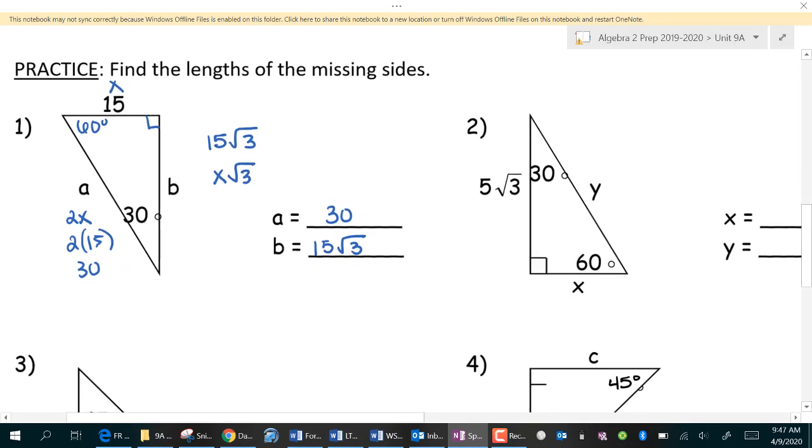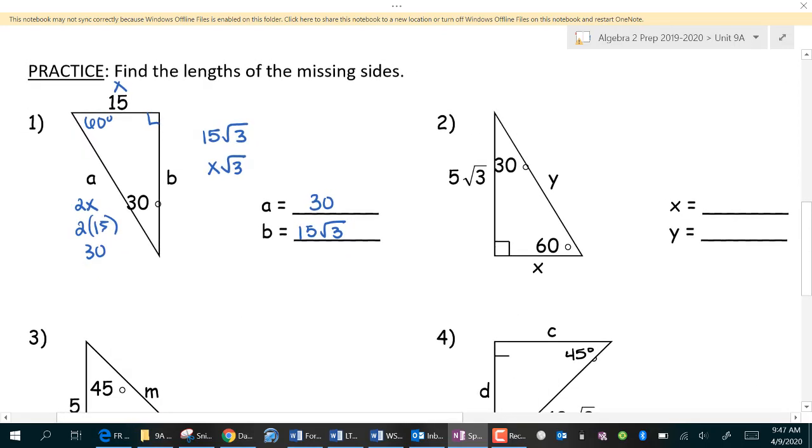Looking at another 30, 60, 90 triangle. So this time we have the side across from the 60-degree angle. Again, start by labeling your triangle first thing. So across from my 30 is my X side, across from 60 is X root 3, and across from 90 is 2X.